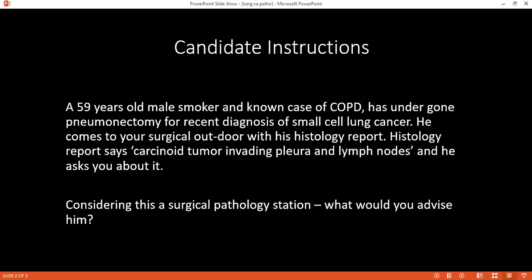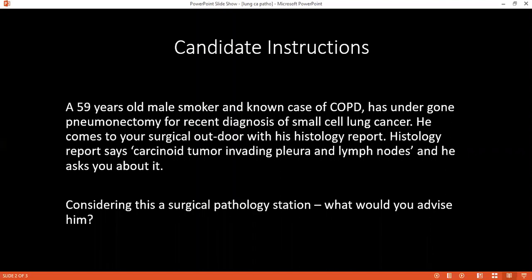I will tell the patient or his attendant that this is a metastatic carcinoma, there is involvement of the lymph nodes, it can be recurrent, and it needs treatment like chemotherapy.